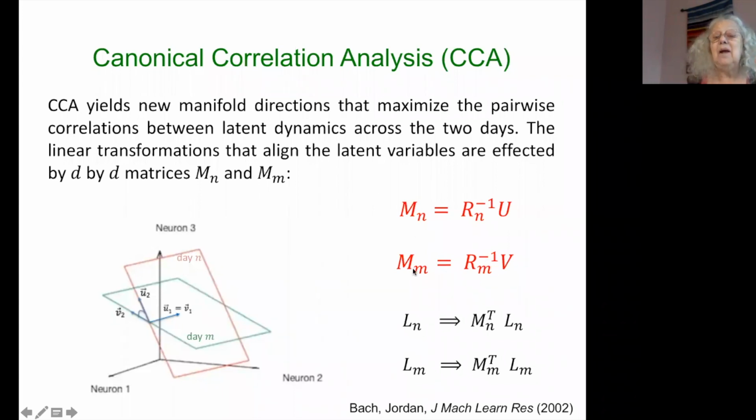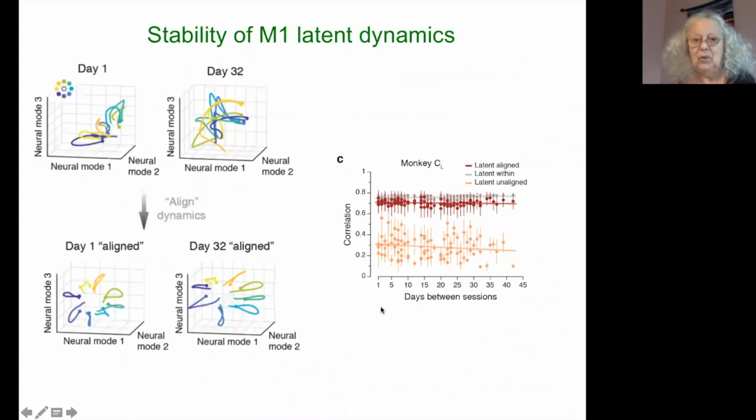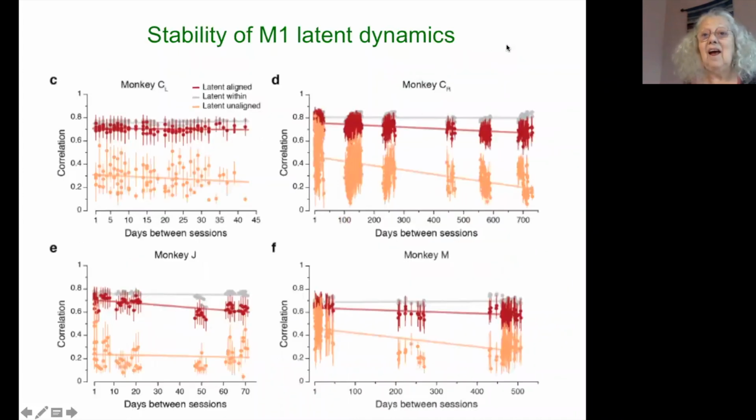So the N and M are linear transformations, but they can be skewed axes. They are axes that have been scaled differently in different directions. And we use the M matrices to recompute the latent variables. And this is beautifully explained in a paper by Bach and Jordan, where I learned about it. I recommend it strongly. So once we do that, we can align the stable dynamics. And this is where I want to show you how well we align.